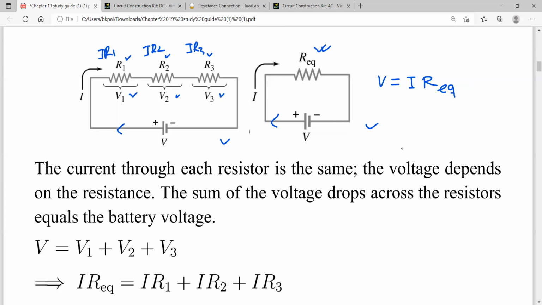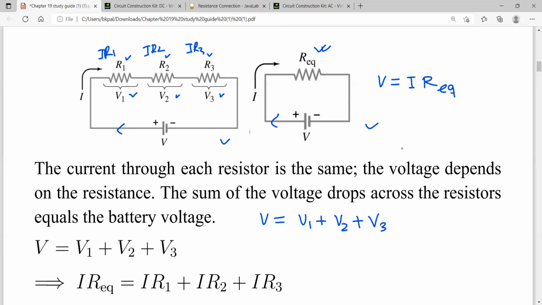If there is no loss in any other component, and we are neglecting the internal resistance, and normally the resistance of the wires is also very small, so there is no other component where the potential can drop. So we can write the battery voltage is equal to V1 plus V2 plus V3.